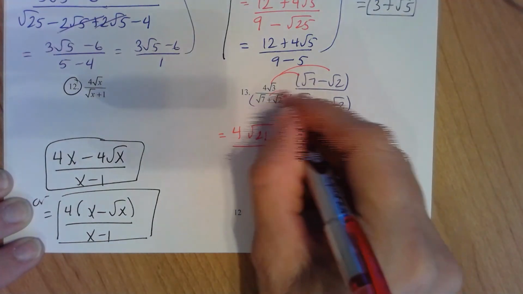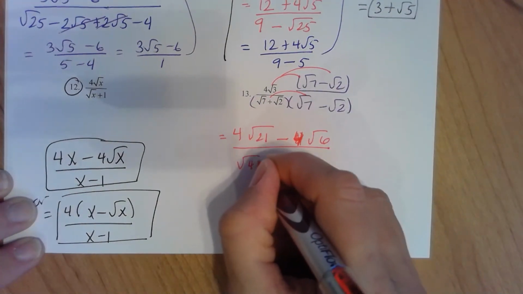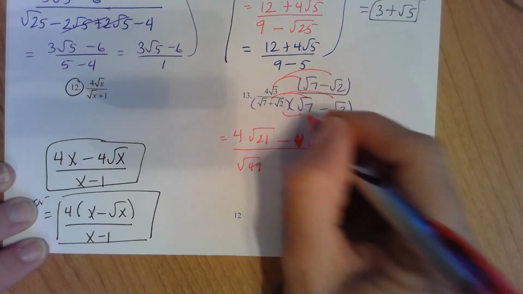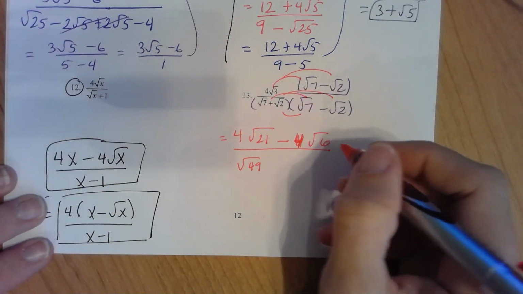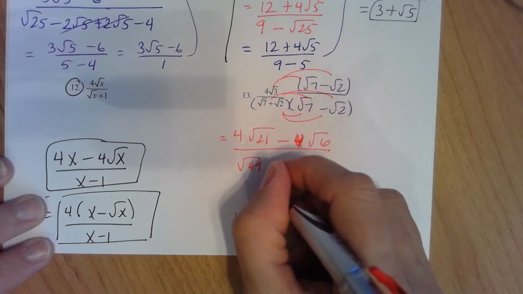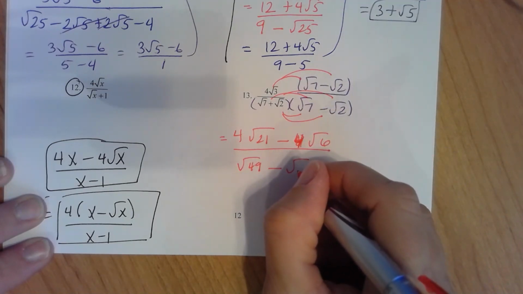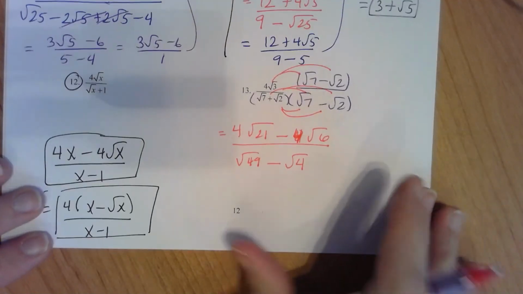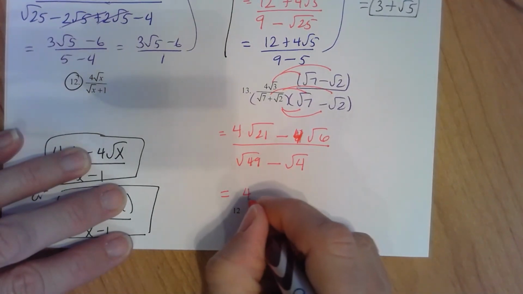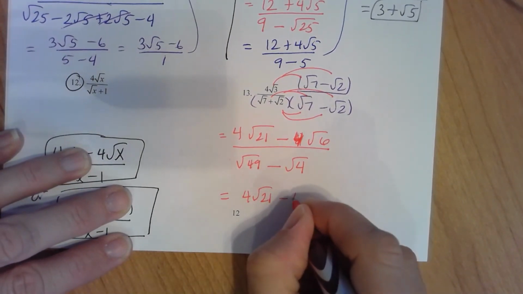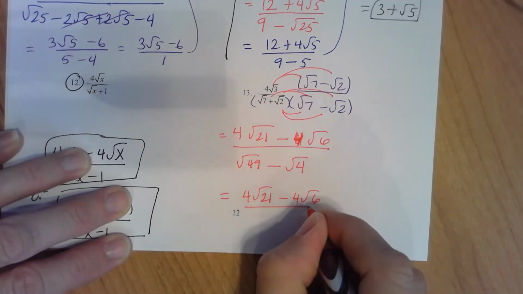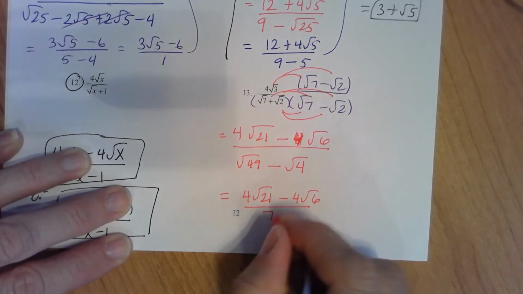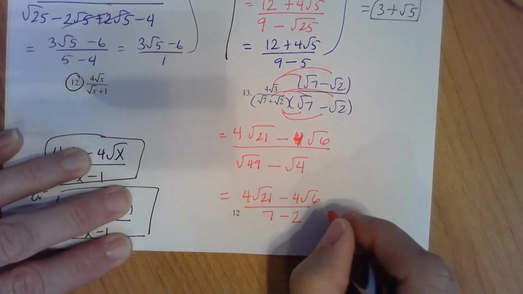In the denominator, square root of 7 times square root of 7 is the square root of 49. I'm not going to show outer and inner because outer and inner will just cancel. And the square root of 2 times the negative square root of 2 is minus square root of 4. So then on top we have 4 square root of 21 minus 4 square root of 6 all over square root of 49 is 7, square root of 4 is 2.